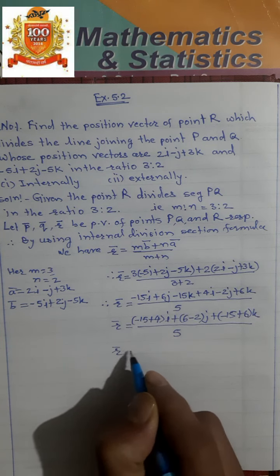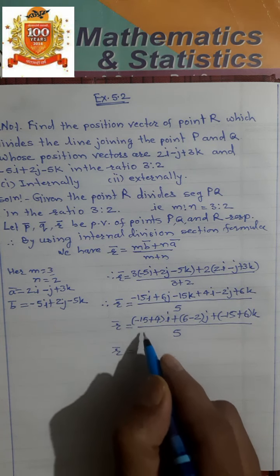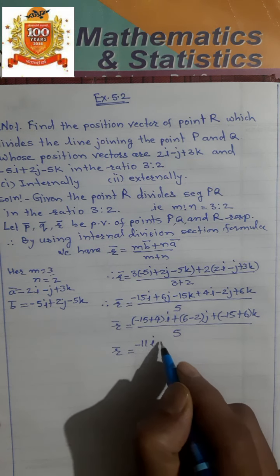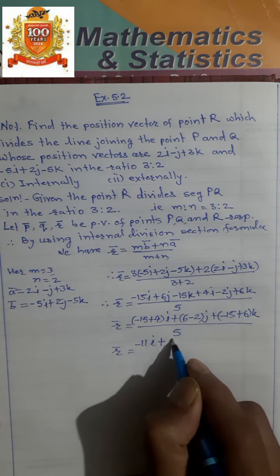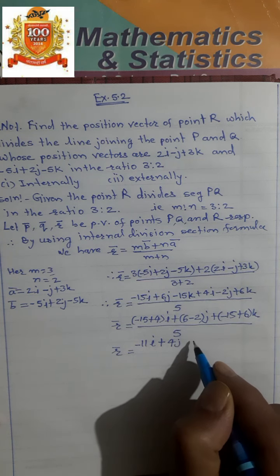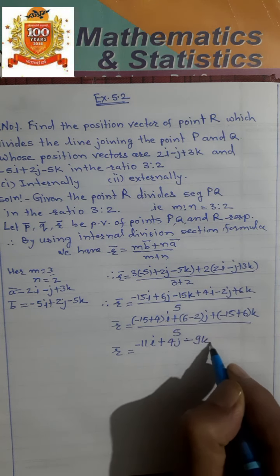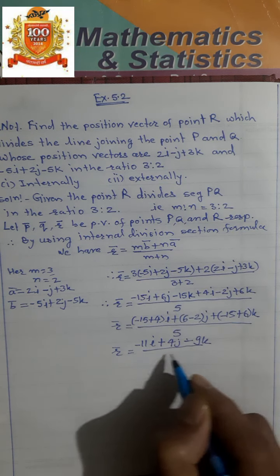Therefore, R bar is equal to minus 11i plus 4j minus 9k divided by 5.